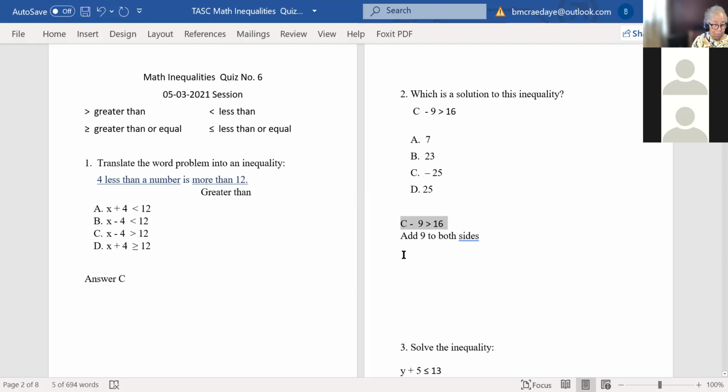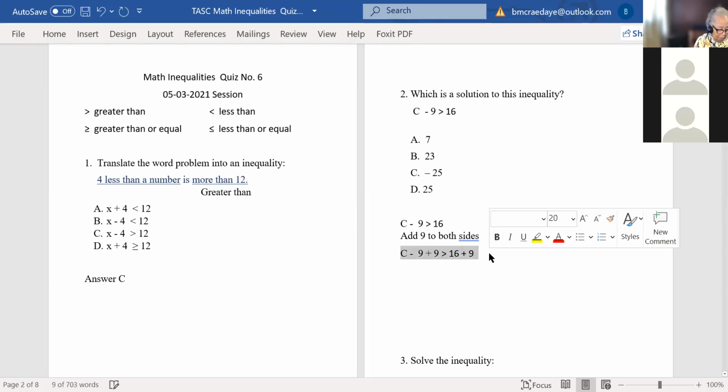If you're given a subtraction, the opposite is addition. So we add the 9 to both sides, and add 9 on the right. And the minus 9 and plus 9 is what, Maureen? 0. So on the left side, you just get the c left, right?